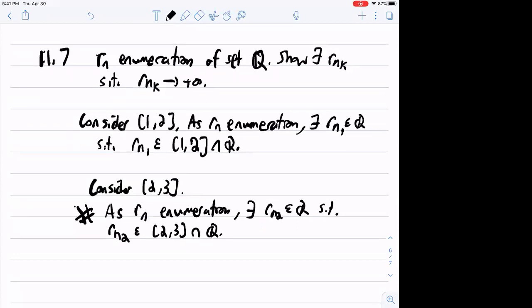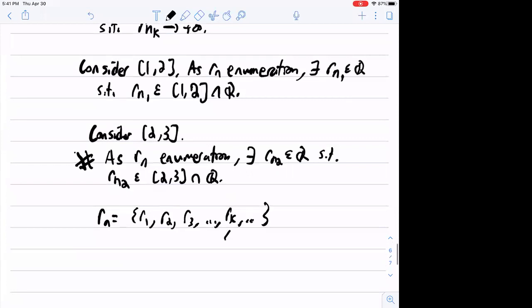If your enumeration was r_1, r_2, r_3, ..., r_k, and r_{n_1} was this term, it could be that your enumeration had r_{n_2} before it. That is a big issue, because you won't have a subsequence anymore. So it's the same argument as before.